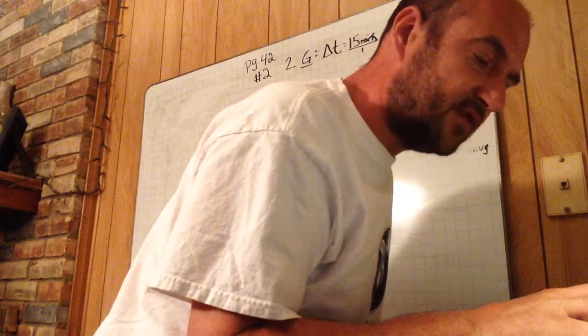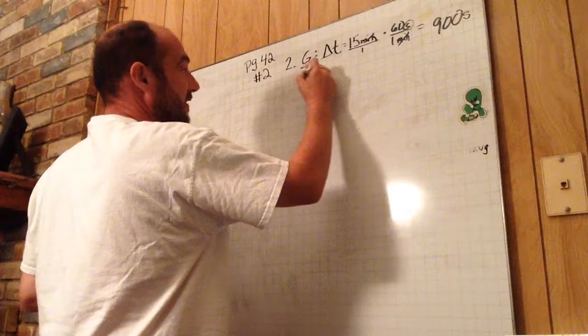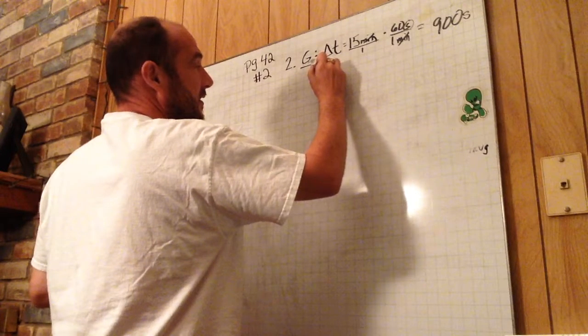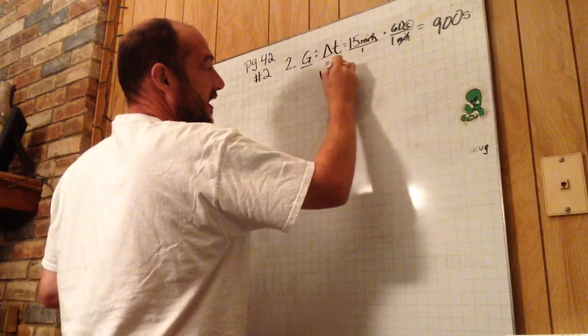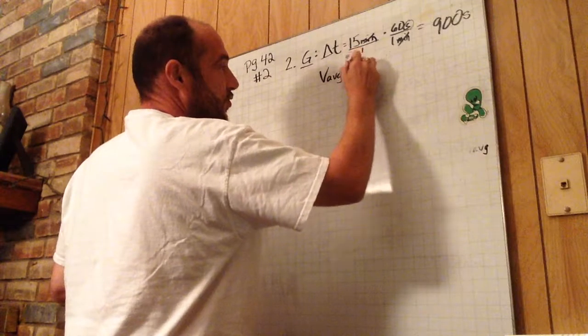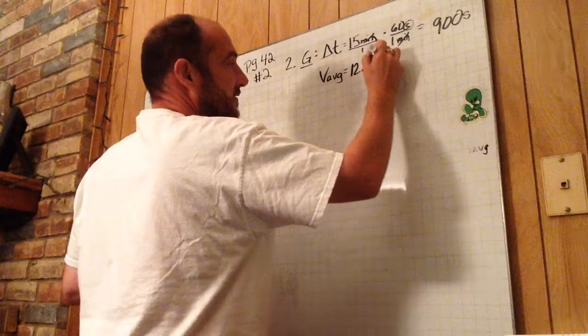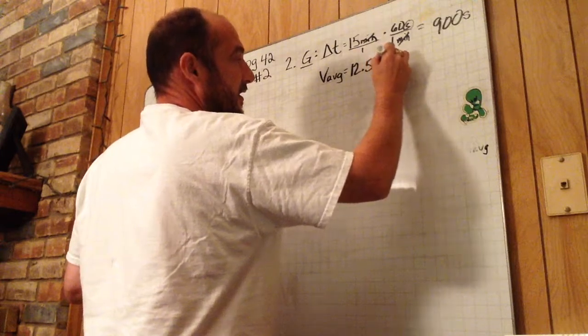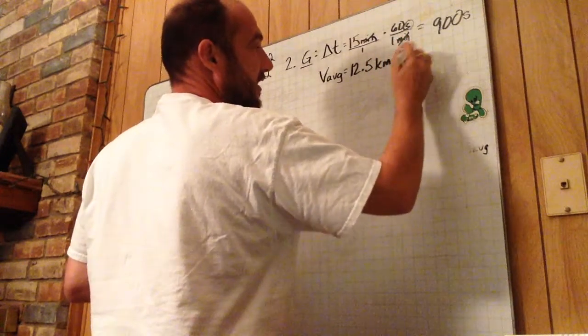Average velocity of 12.5 kilometers an hour south. So you also have V average equals 12.5 km per h.